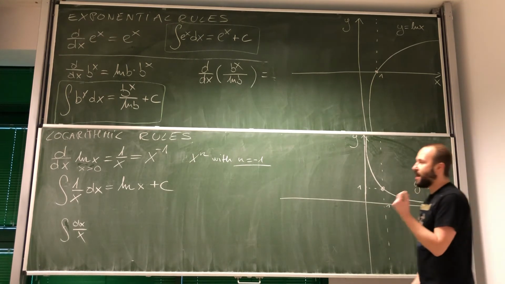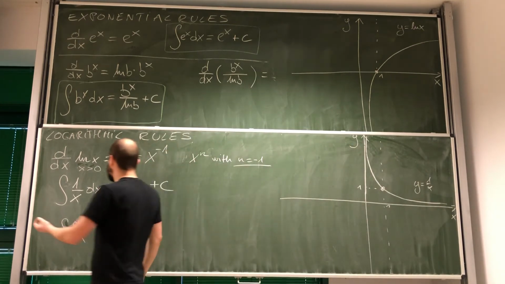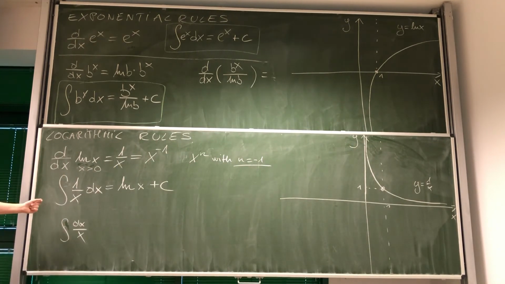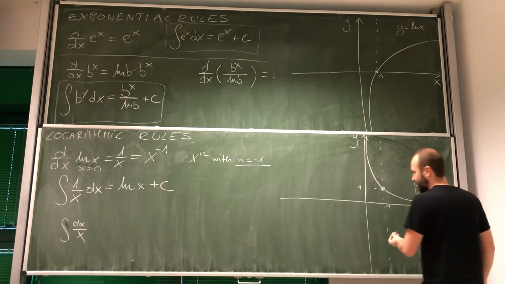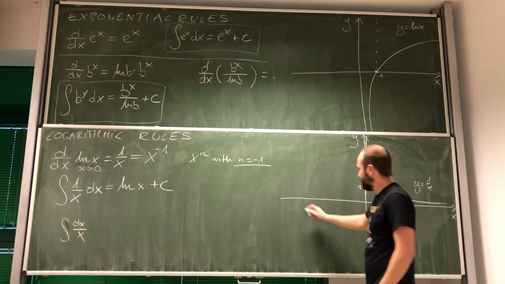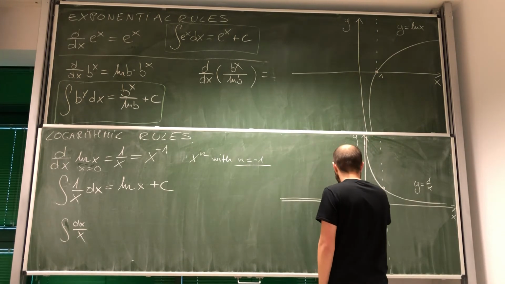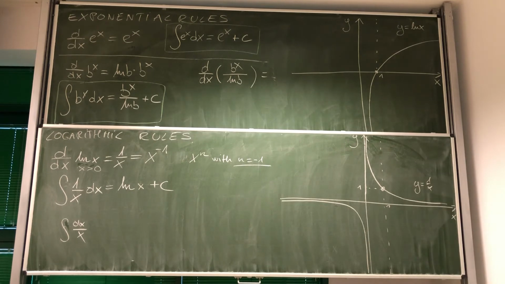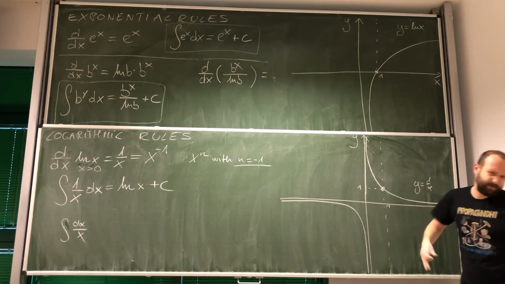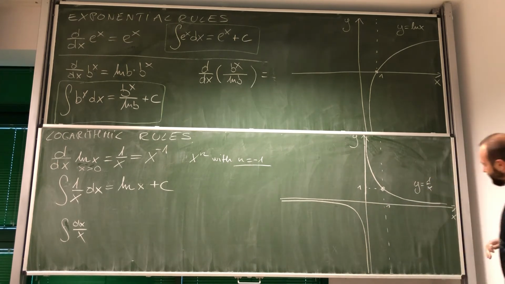But look, now we are going in the opposite direction. We are starting with the function 1 over x. So this function is defined for both positive and negative values, right? It has a second part that should be perfectly symmetrical, but you need to forgive me.